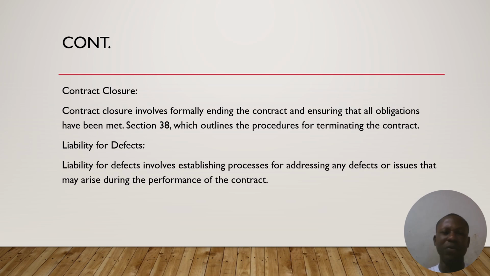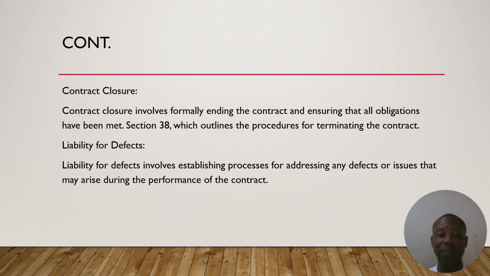Now, we talk about liability for defects. When you talk about liability for defects, all that we are talking about is that in executing the contract, there can be some kind of defect in the contract performance process, and as procurement officers, we need to be able to assess these things and address them.